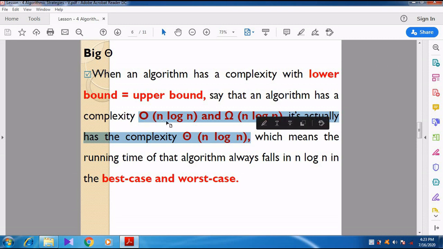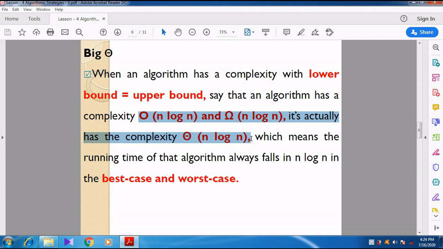Here O of n log n represents the big O, the worst case, whereas omega of n log n represents the best case.